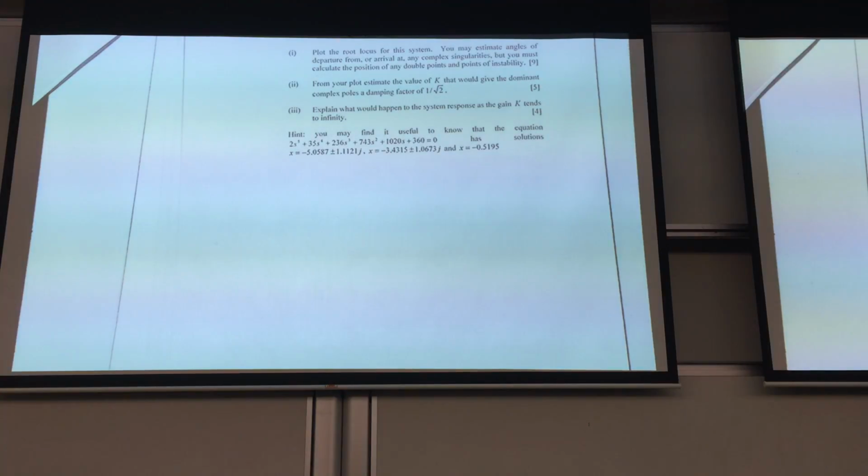You may find it useful to know that the equation 2s^5 + 35s^4 + 236s = 0 has all the solutions. So when you work out your dg/ds, set it equal to 0, if it's not equal to this, something is wrong on your part. So try to do something to make sure that somehow it works out to be the same.